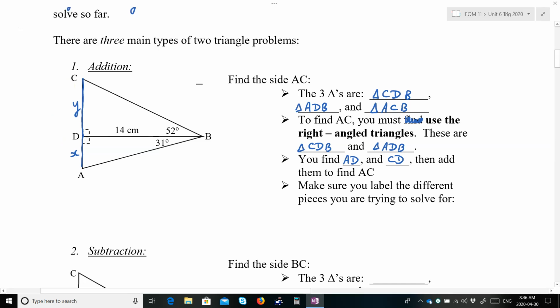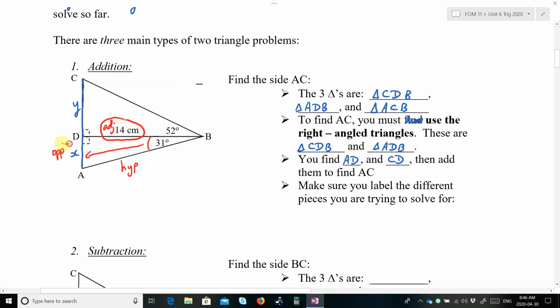Okay, so let's figure out x and then y, and then we add them together to find the side AC. Okay, so if this is the angle we have in the triangle, remember straight across from it is the opposite side, so x is the opposite. And across from the 90 is the hypotenuse. We don't know that side, but we know the side that is beside the 31-degree angle, that must be the adjacent.